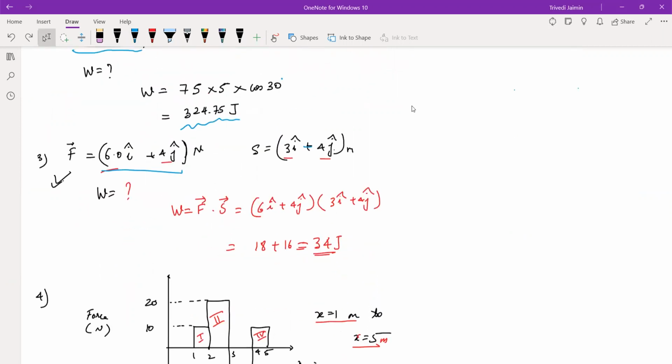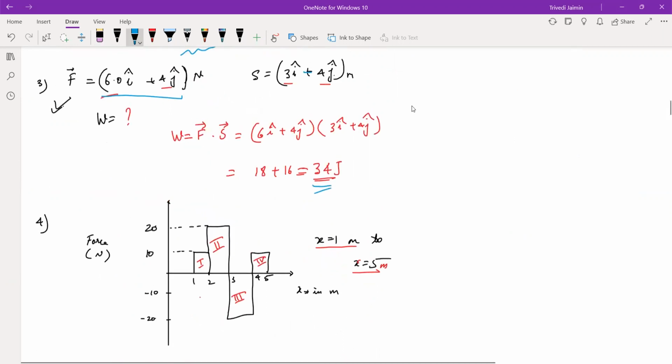So what do you get? 6 3s are 18, plus 4 4s are 16, so 34. Okay, try this question then. You got 34.